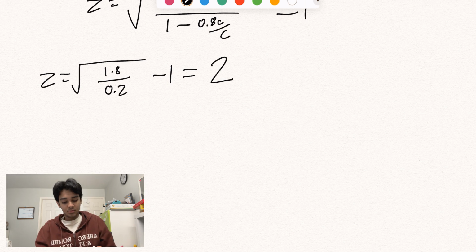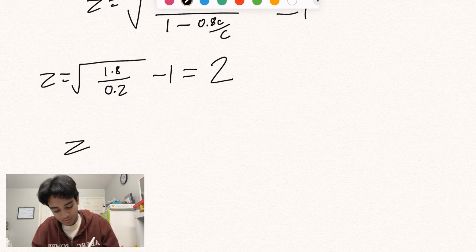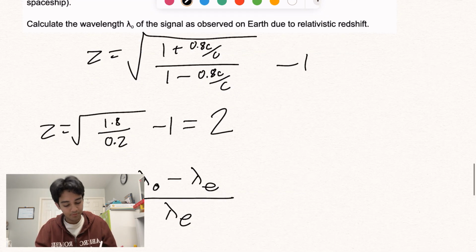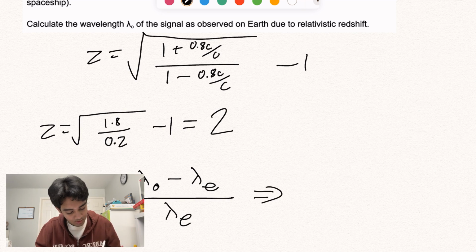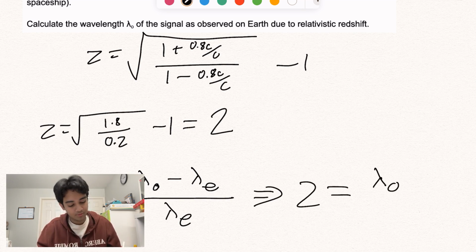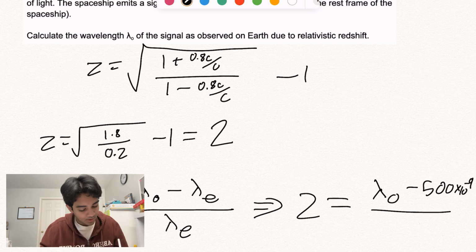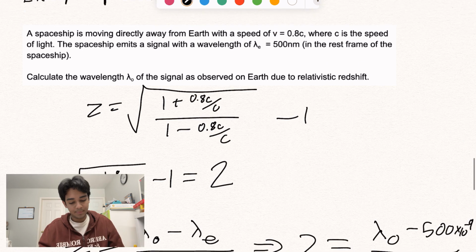Now, since we have a redshift of 2, we can use this formula, lambda observed minus lambda emitted over lambda emitted. And we have the redshift. I'll just write this like this. 2 is our redshift equals lambda observed, that's what we have to find out, minus emitted, they gave us, it's 500 nanometers, which is 10 to the power negative 9, divided by 500 times 10 to the power negative 9.